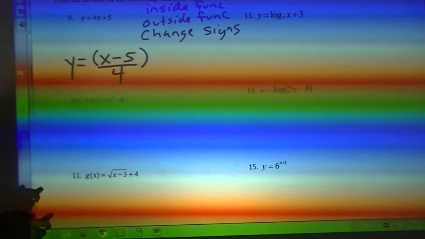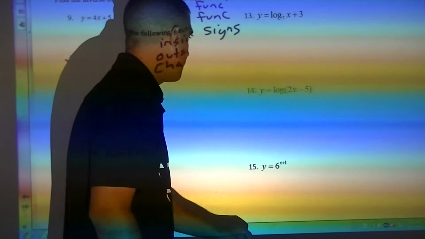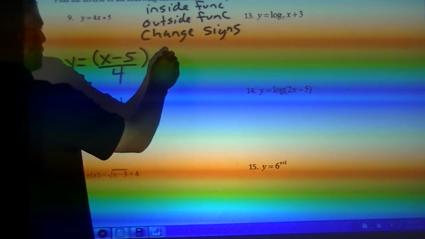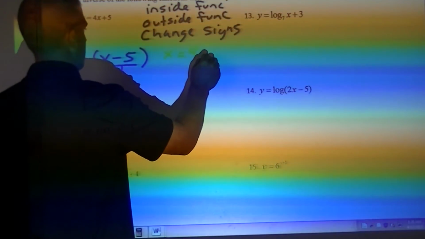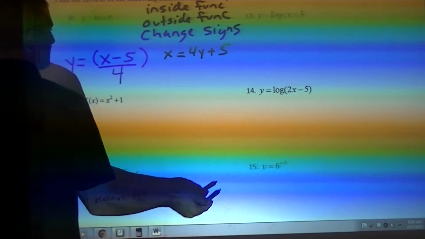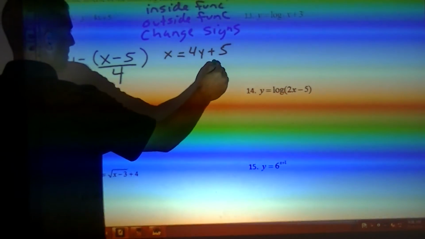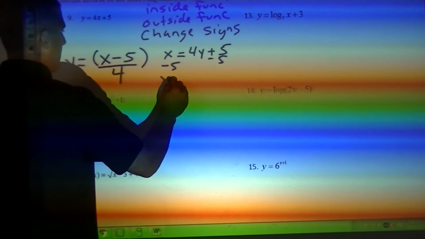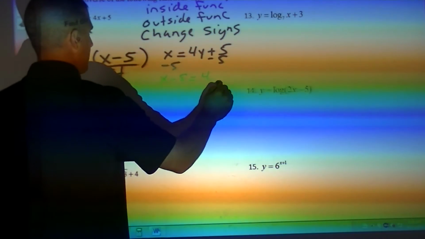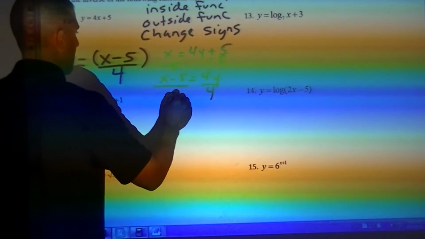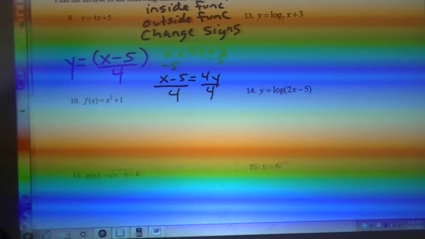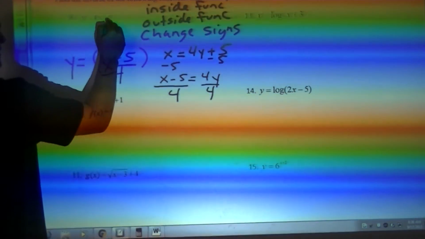For those of you that like the longer algebra way, another way to do it is switching x and y. Solving for y, so I would subtract 5. That's x minus 5 equals 4y. And then dividing the whole thing by 4. So you see, it's the same thing. This is considered outside.